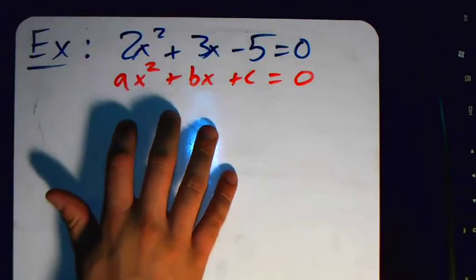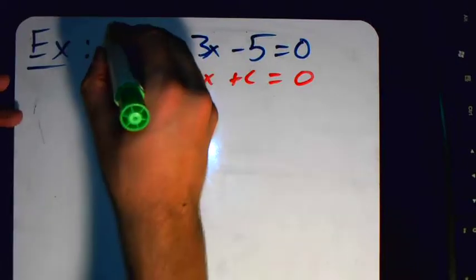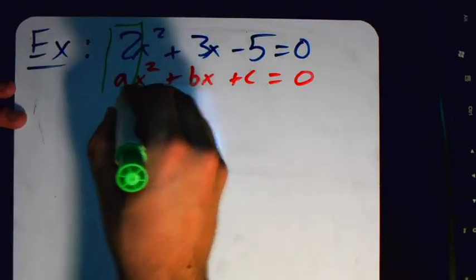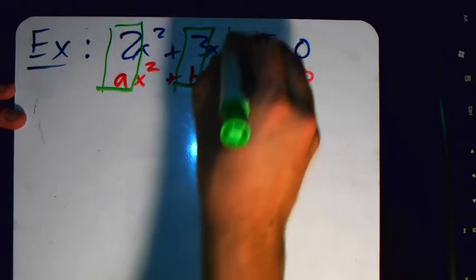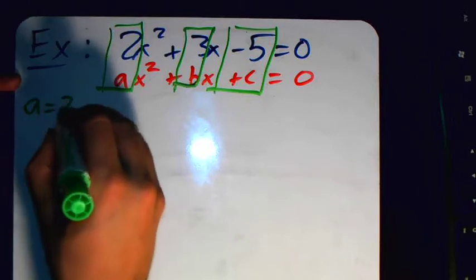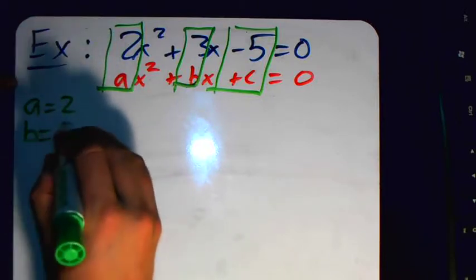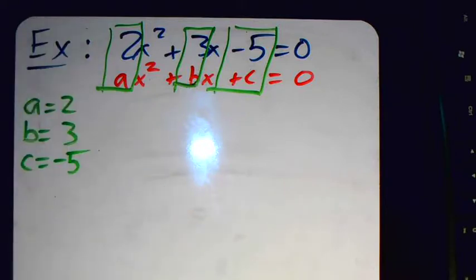This is exactly what I had written out earlier before I wrote down the quadratic formula. Now if you match up each of the terms with the letters, we're able to determine that a is equal to 2, b is equal to 3, and c is equal to negative 5.